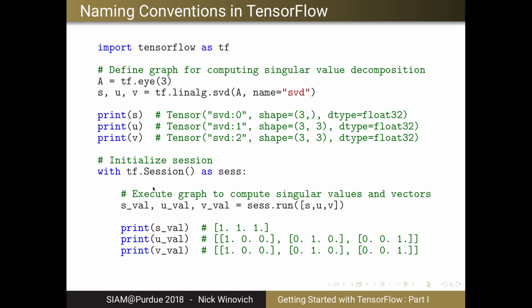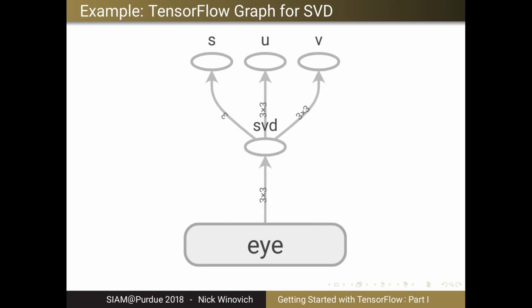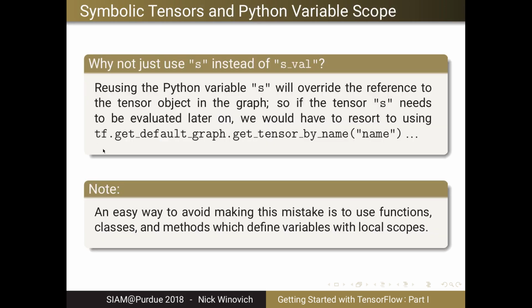Well, in this case, it may not be important, but if we're ever looping, or if we want to use this symbolic tensor S again, we'll have to retrieve it using the name, because the Python variable will be overridden. So we'll have to use one of the cumbersome notations of TensorFlow: tf get the default graph, get the tensor by name, and then use that name :0, :1, :2, et cetera. So it's much better to avoid that.